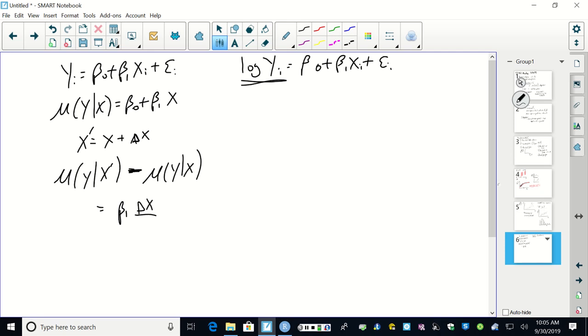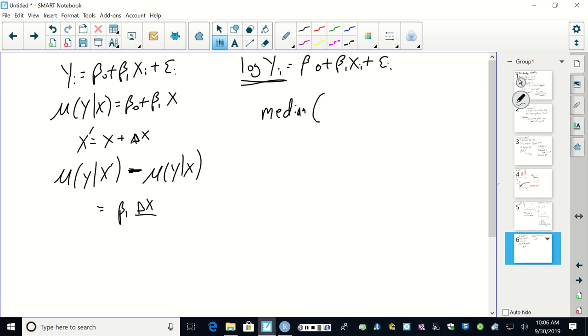It suggests that instead of looking at the means, the mean of normal distributions, when you raise it to a power or take its log, it's a nonlinear transformation, so the means don't directly map to the means. But the medians, the centers of the distributions, do map to one another. The center on the log scale and the center on the regular scale: what was the median on one transforms to the median of the other.